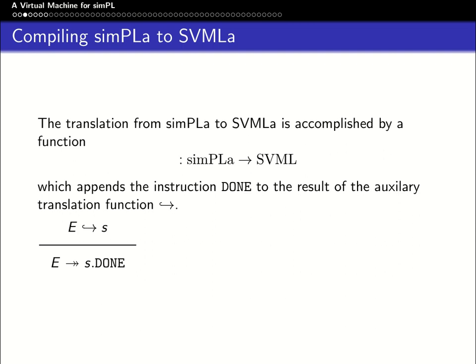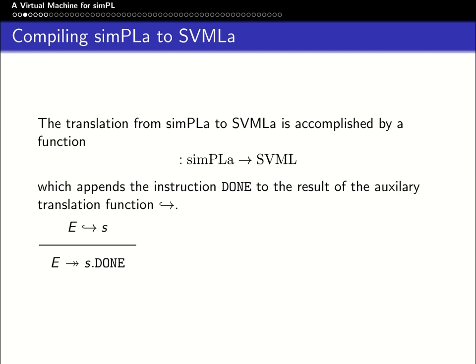And we want a translator, right? We want a compiler. This is what a compiler does. It takes the language simple A, which is just a language of expressions, and returns a sequence of instructions that can be executed by the virtual machine. All right? So there is a quirk here.